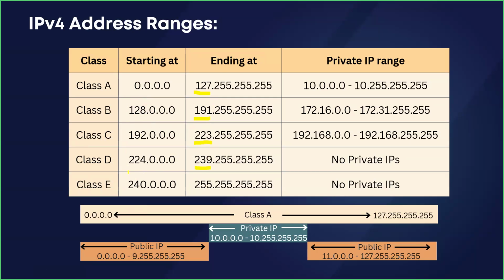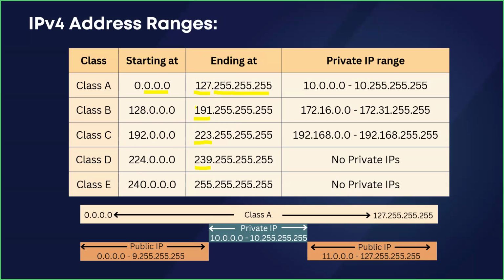On the left side, you have all even numbers. On the right side, you have all odd numbers. On the left side, you have all zeros in the ending three octets. On the right side, you have all 255s. So the only four numbers you have to remember are these four ending range numbers: 127, 191, 223, and 239. From those, you automatically get the next class range.